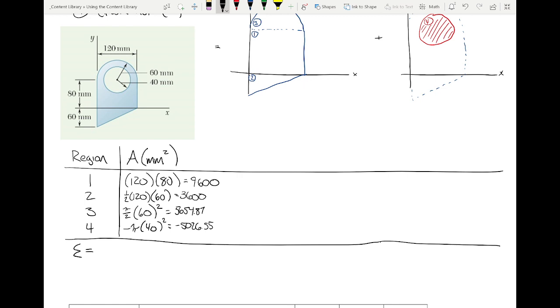So I am going to need the area column, so I'm going to add up these 4 values. Don't forget that this is negative, okay? Oh, hold on. I need to learn how to operate my calculator.